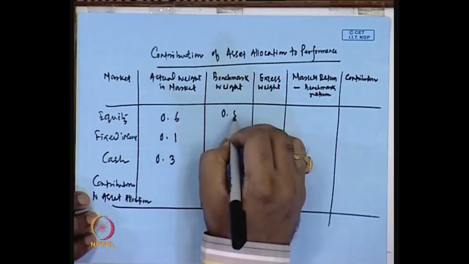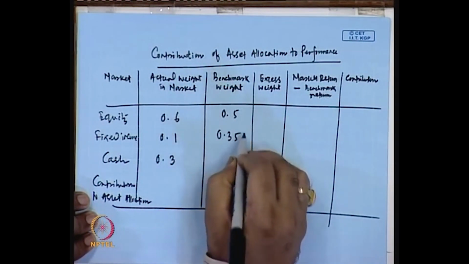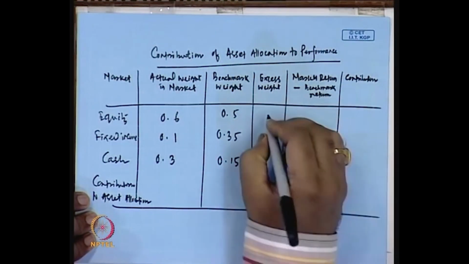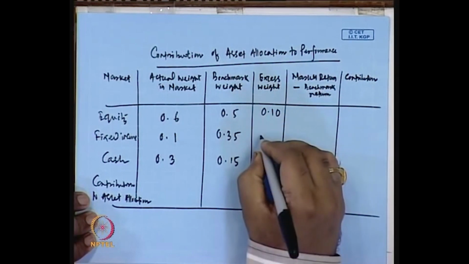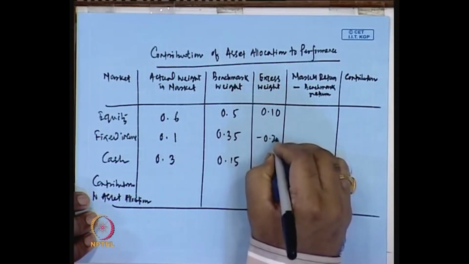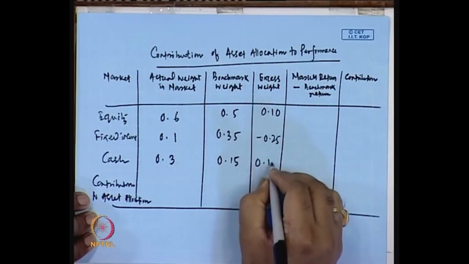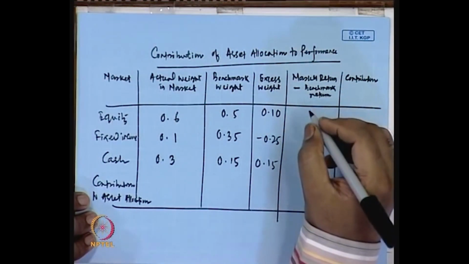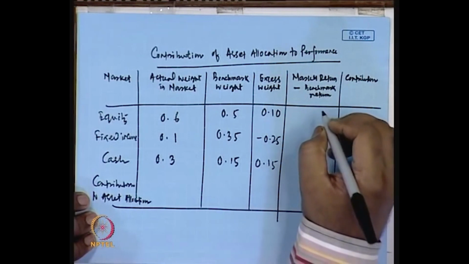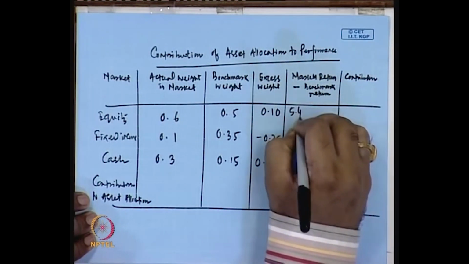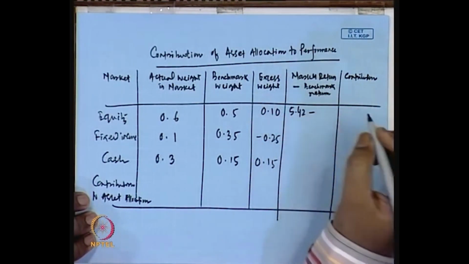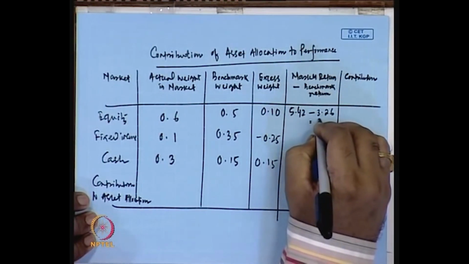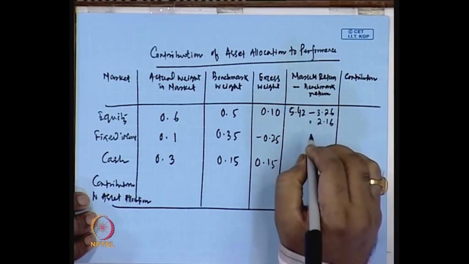Benchmark weights are 0.5, 0.35 and 0.15. So the excess weights are 0.10, minus 0.25 and 0.15, this minus this. Market return is how much? The portfolio return is 5.42 and the benchmark return is 3.26, which gives you 2.16.